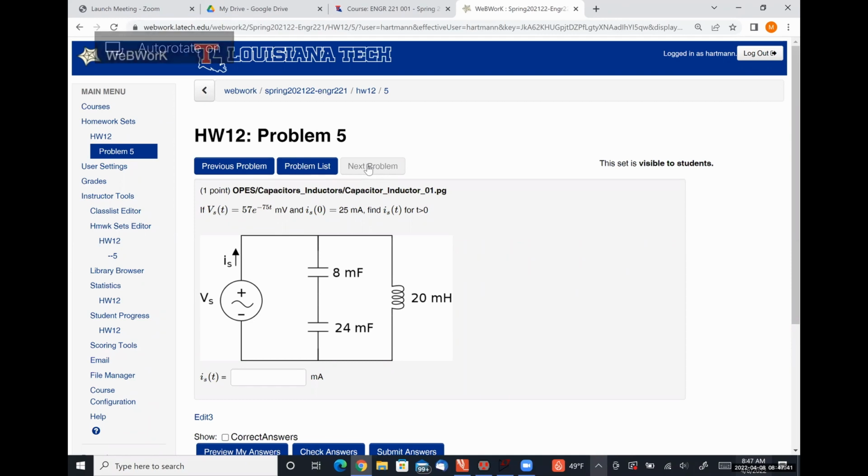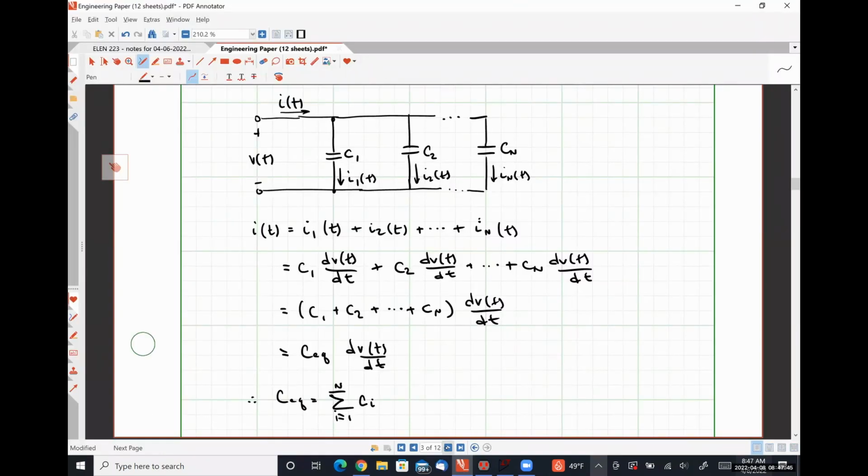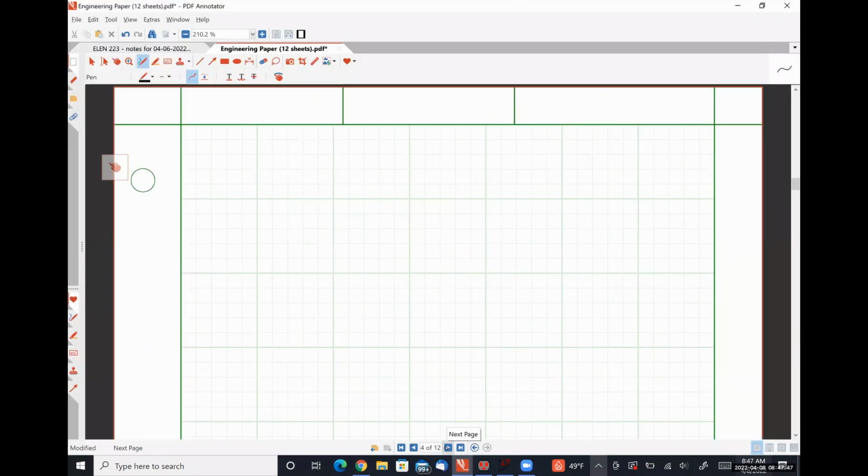So I'm going to copy this down. We have, I believe it was a voltage source. Let's look, yes. Voltage source, Vs of t, connected in parallel to two capacitors.